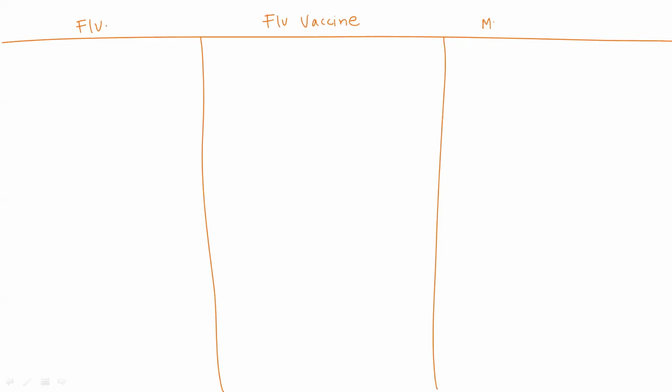And minimize the spread. Okay, so this chart matches exactly our writing prompt. What is the flu? What is the flu vaccine? And minimize the spread. So we're going to quickly organize all the information that we have, plus any information that we want to add. And then you'll have this chart to use for your essay. It's just a way to organize everything.